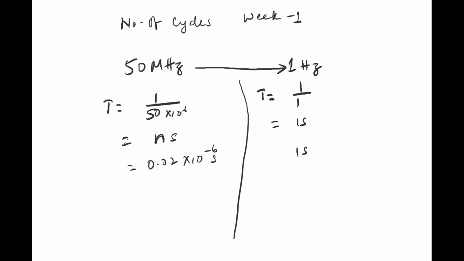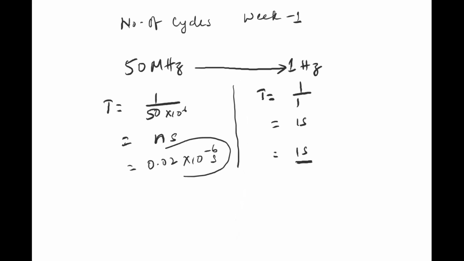So what we need to understand is that inside this 1 second that we are trying to generate, there are a certain number of 0.02 into 10 power minus 6 second periods present, right?